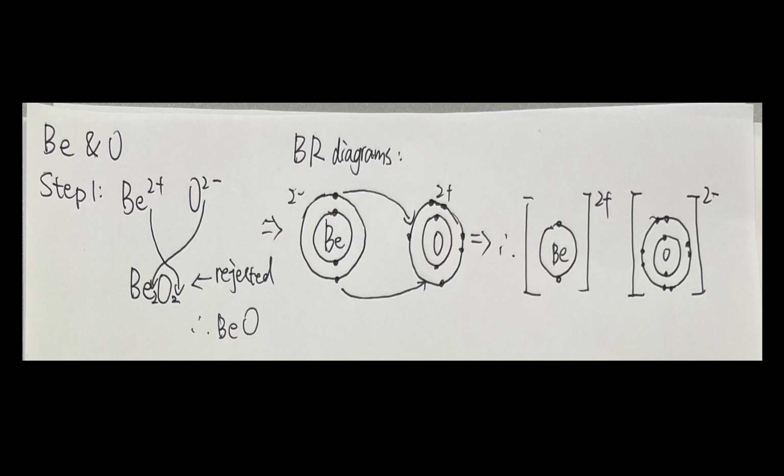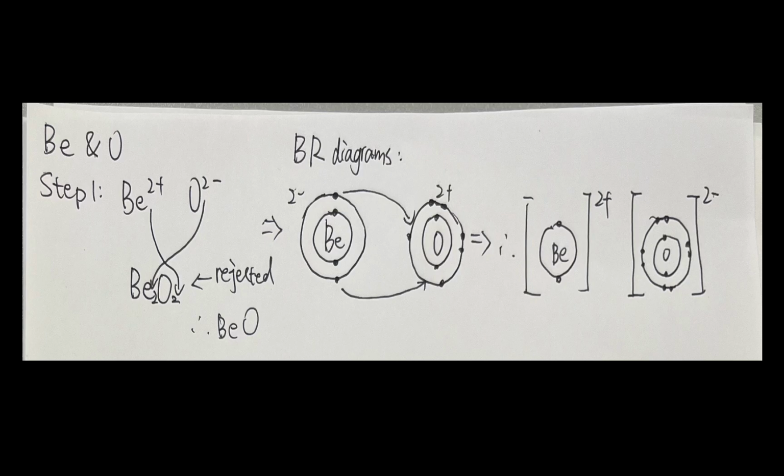Beryllium and oxygen. We need to separate the transformation of electrons into 4 steps. The first step is using the crossing method to cross the valencies of each element.